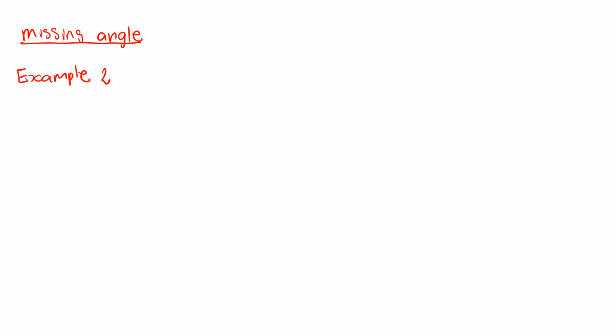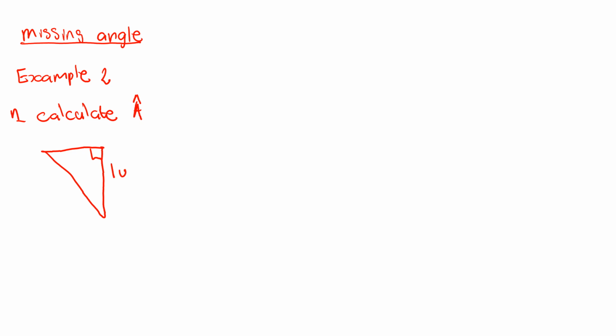Let's call it example number 2 and say number 1, they say calculate angle A, given the diagram below, where you have your diagram like this, your 90 degrees right there.